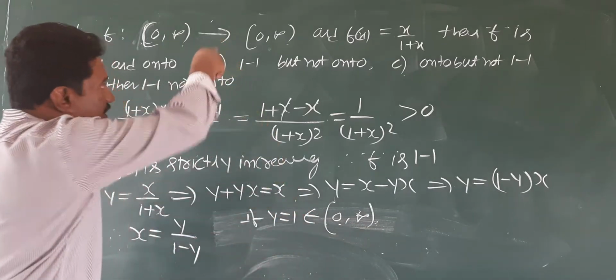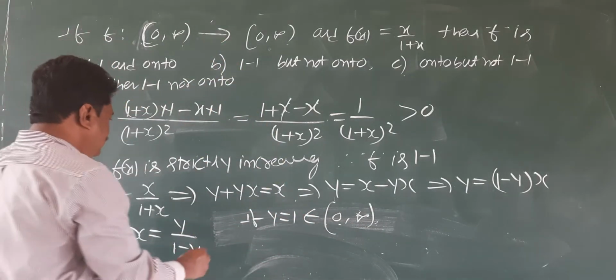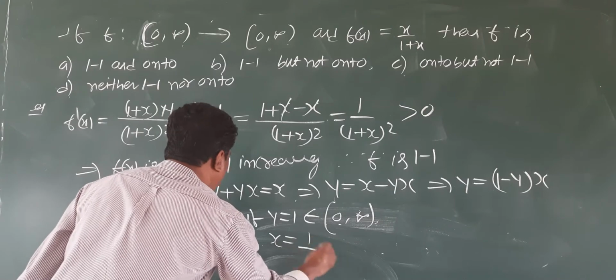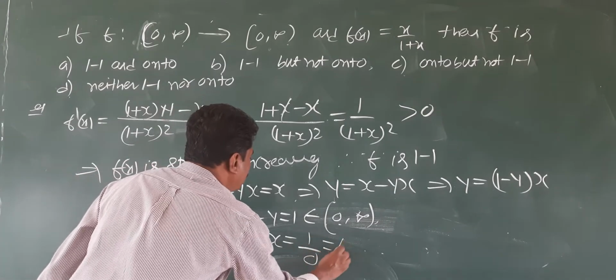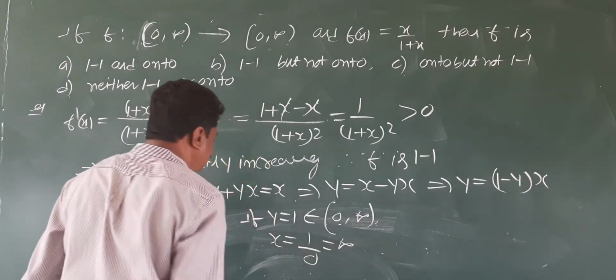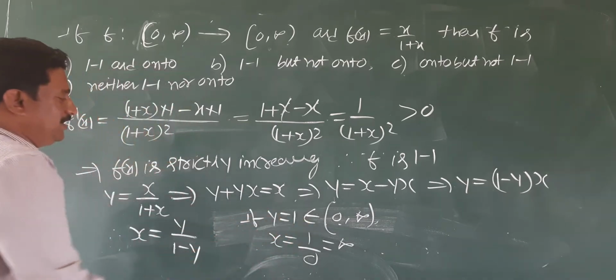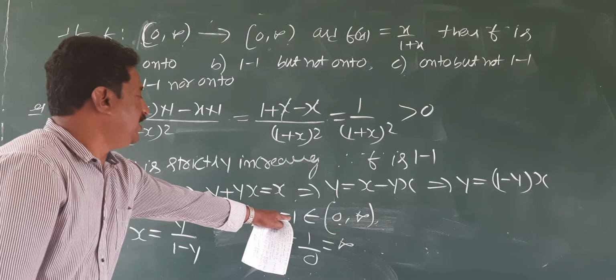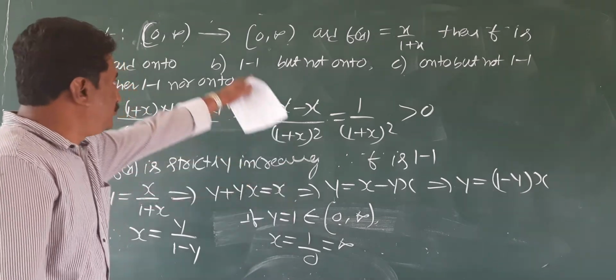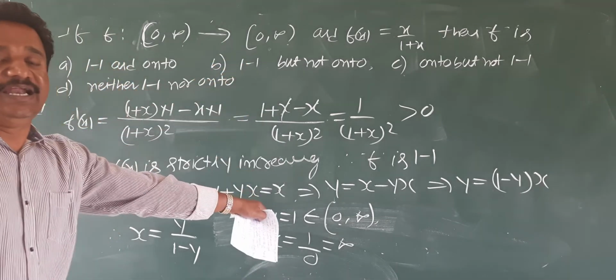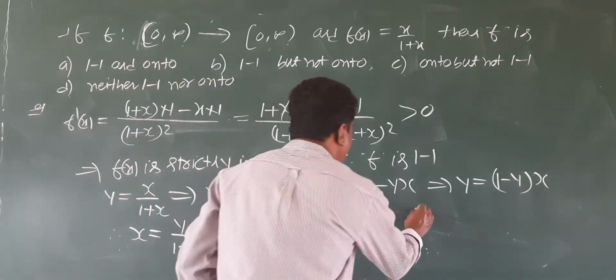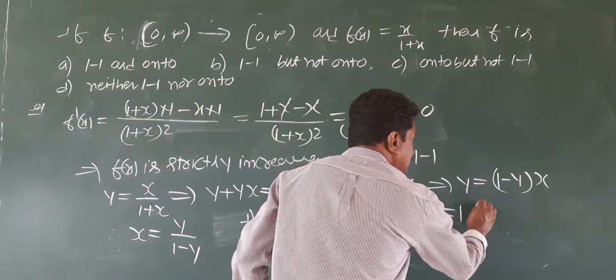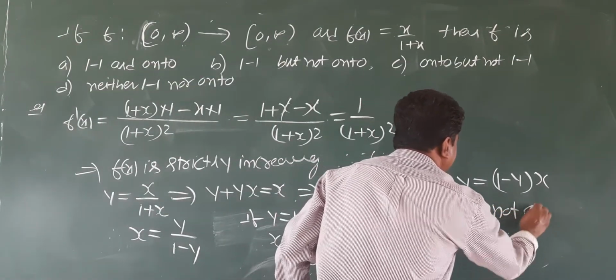So x equals 1 by 0, which is infinity, not a number, so it does not exist. The number 1 of the second set is not related. Therefore y equals 1 is not an image.